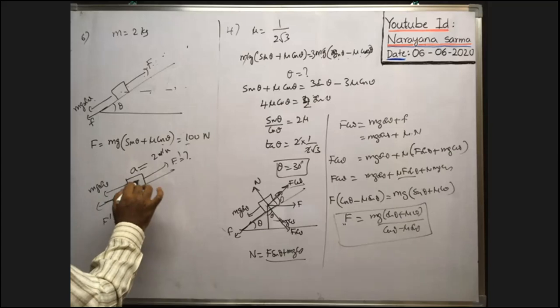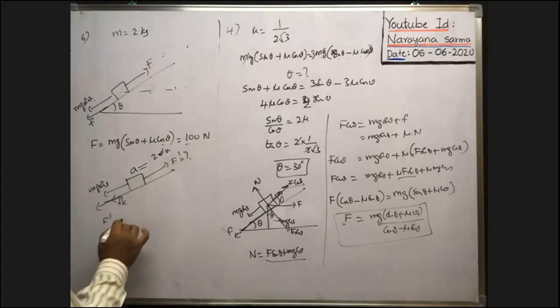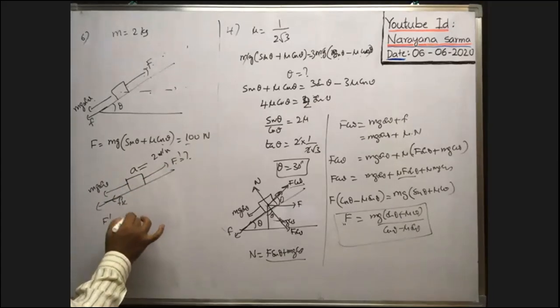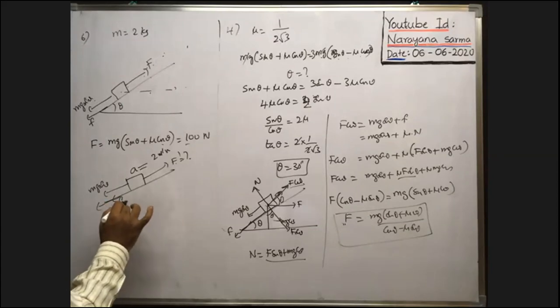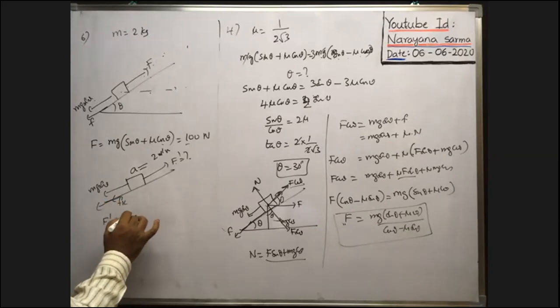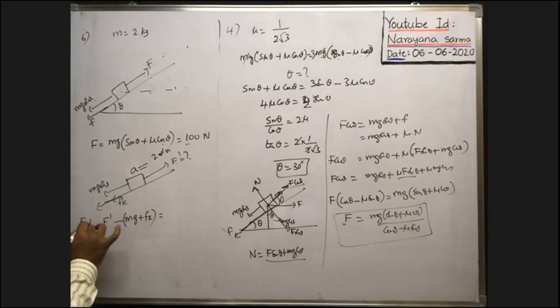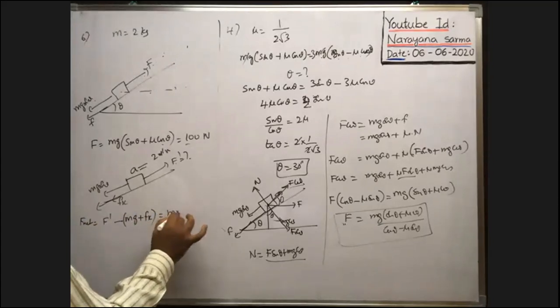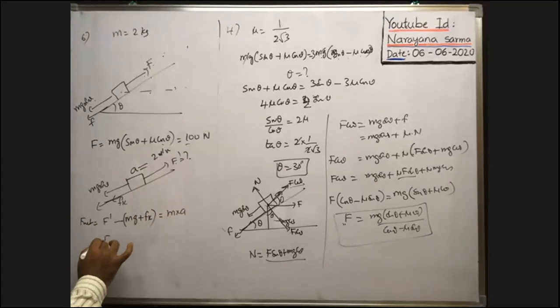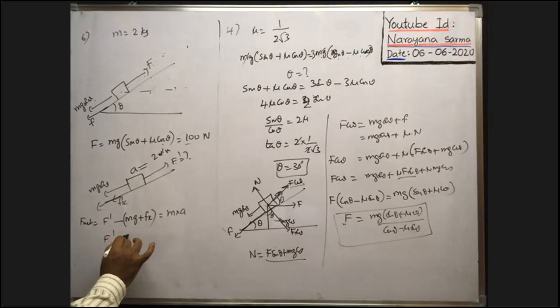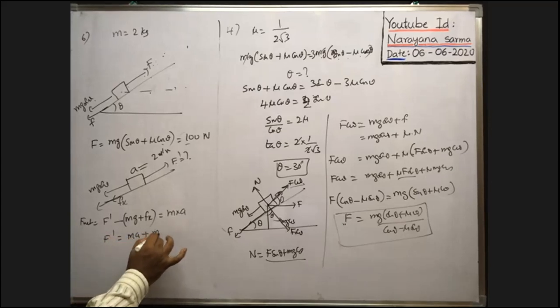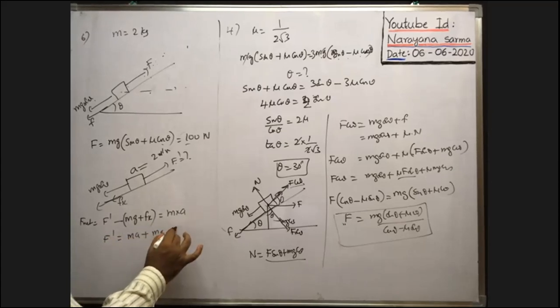So the net force along the inclined plane upwards is equal to F dash minus of mg sin theta plus fk. This is equal to the net force on the block, and that net force is equal to mass of the block into acceleration a. Therefore, F dash is equal to ma plus mg sin theta plus fk.